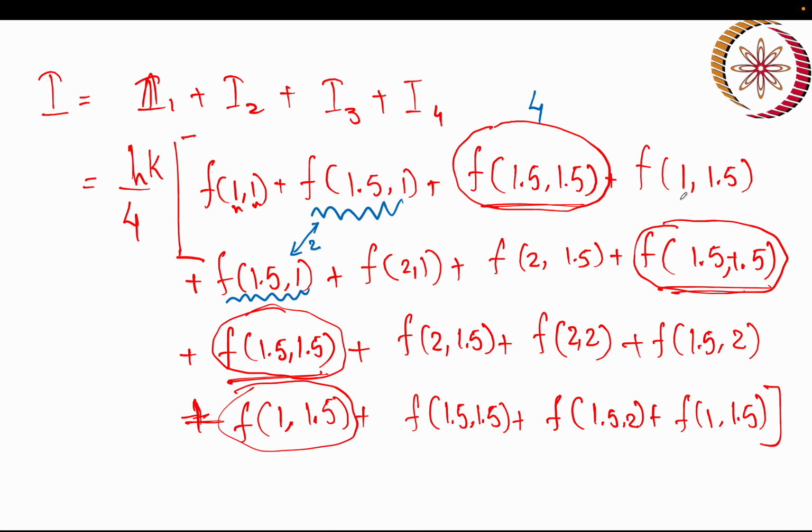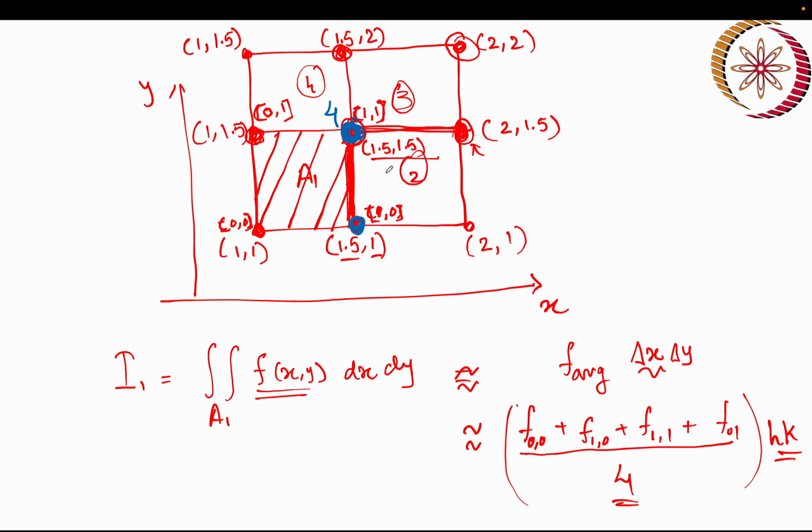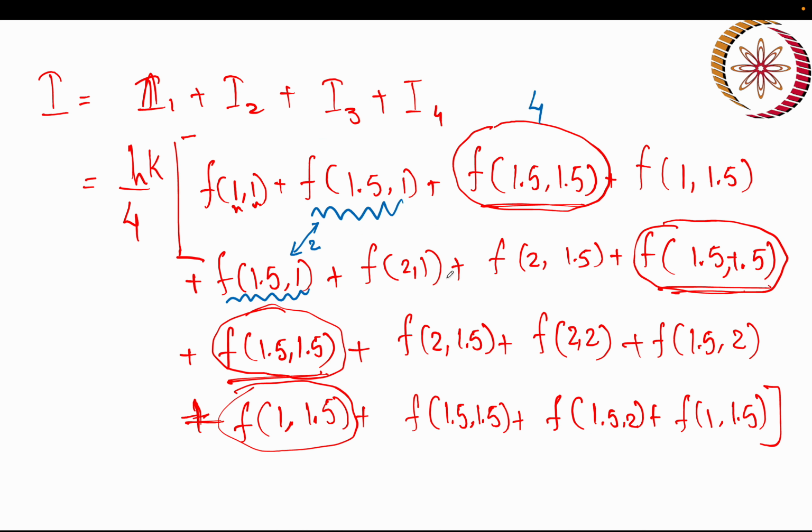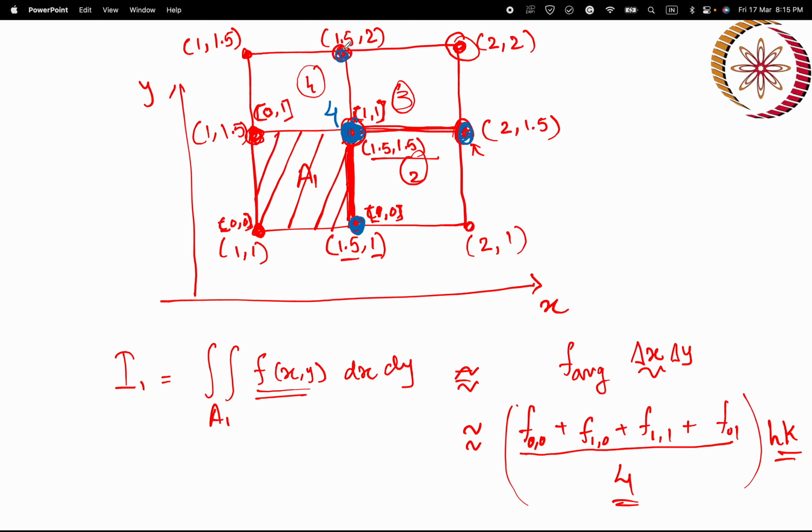Similarly, we'll find the next one. Then we'll go with 2 comma 1.5. It has also come twice, and next is this.